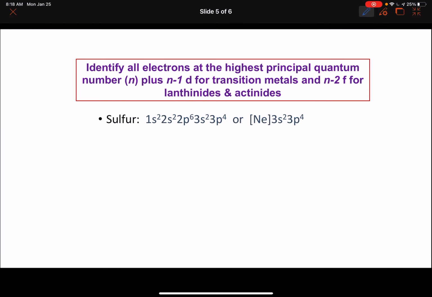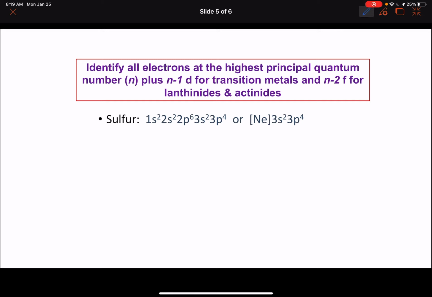Okay, so we mentioned that we can use this to help us with identifying the valence electrons, which are the most reactive and would be used for bonding when we consider making molecules and other reactive transformations.